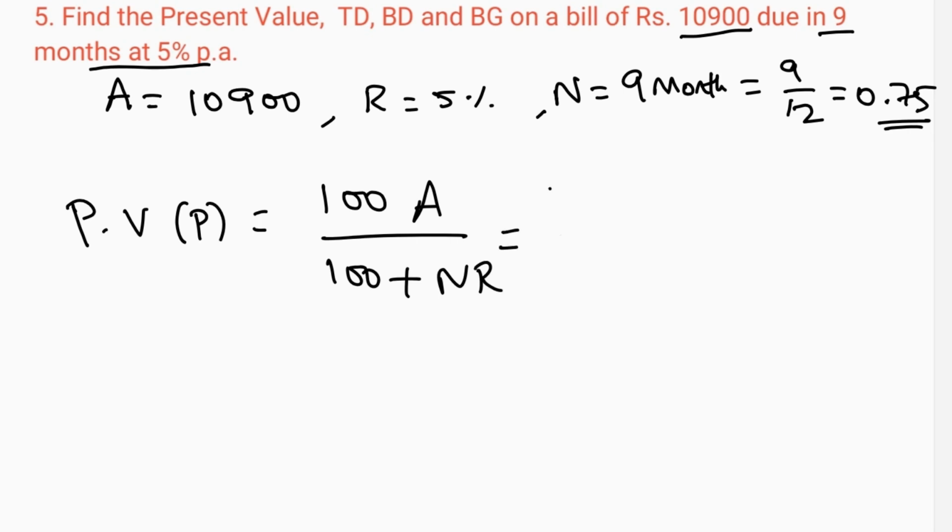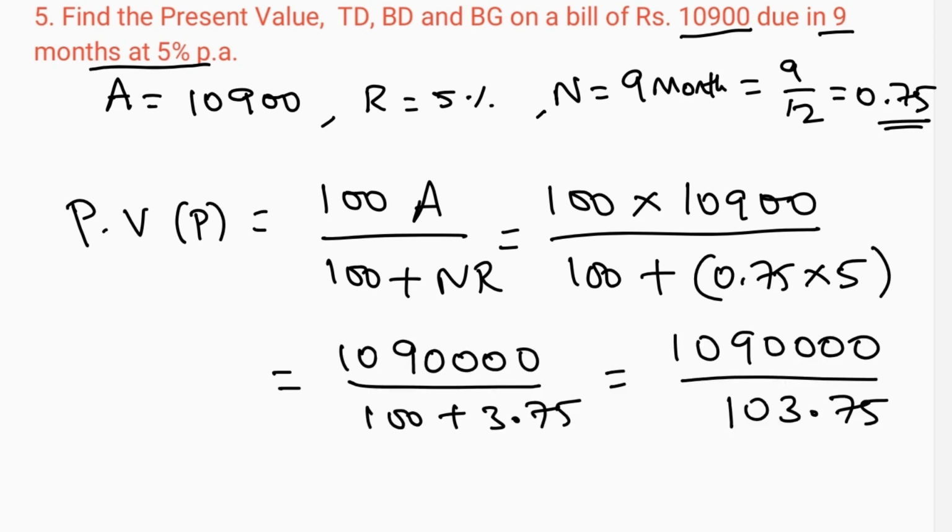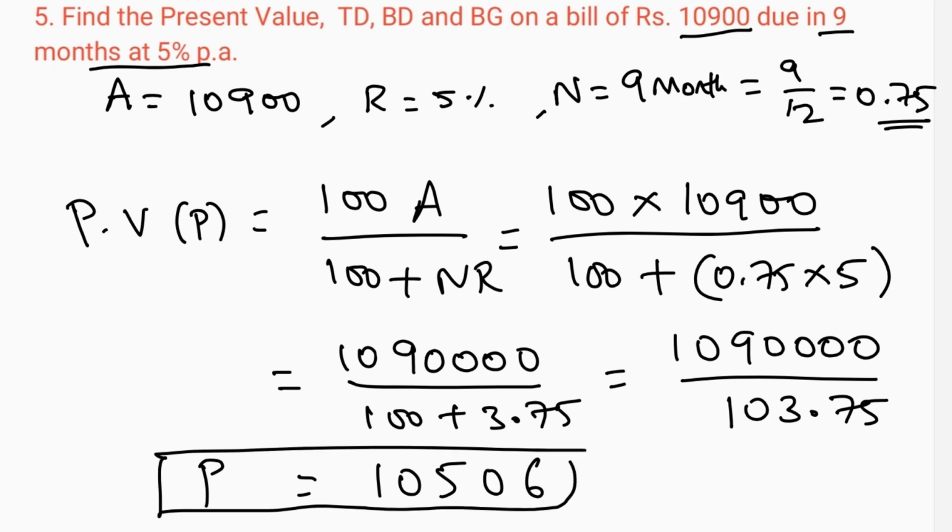If you substitute, 100 into A is 10,90,000 divided by 100 plus 0.75 into 5, which is 3.75. Divide this and you will get the present value as 10,506.